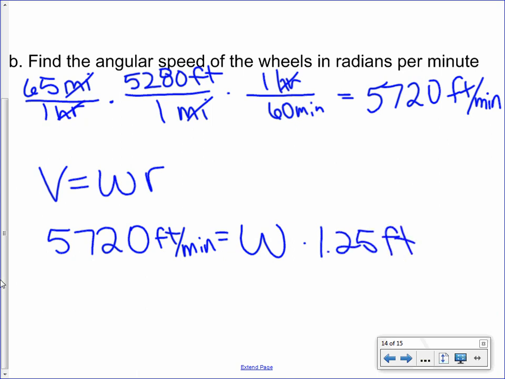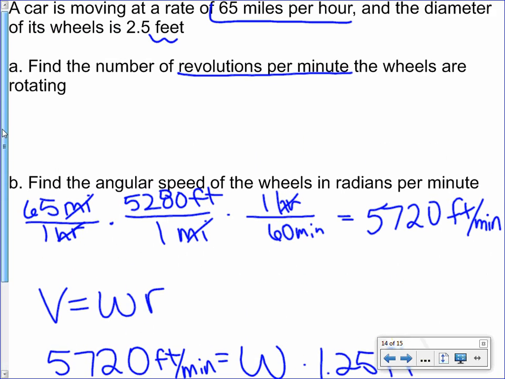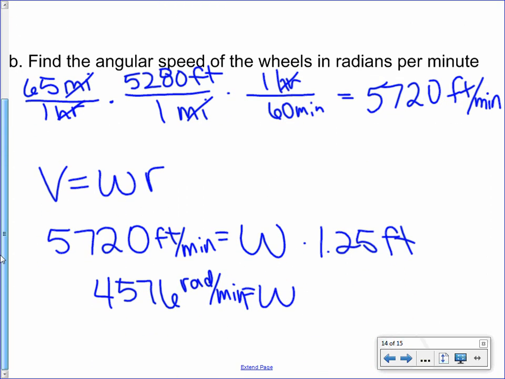Okay, so we can divide by the radius, and we have an angular speed of 4,576 radians per minute. Now we can take this and find our revolutions per minute, can't we? Since I have to pass up schedules, I am not going to do the revolutions per minute because we've already done a couple of those conversions. Is that okay? All right.